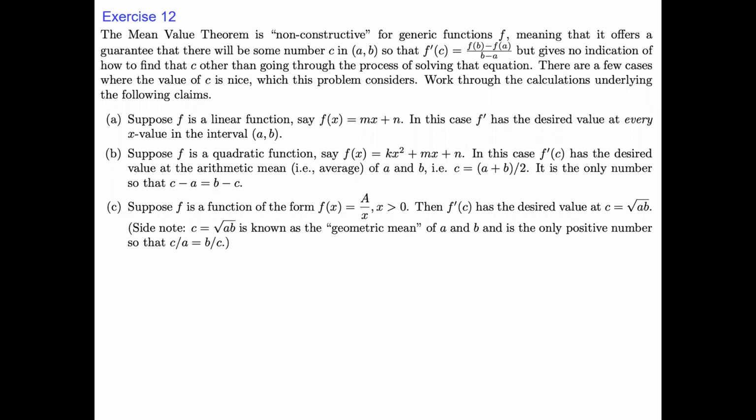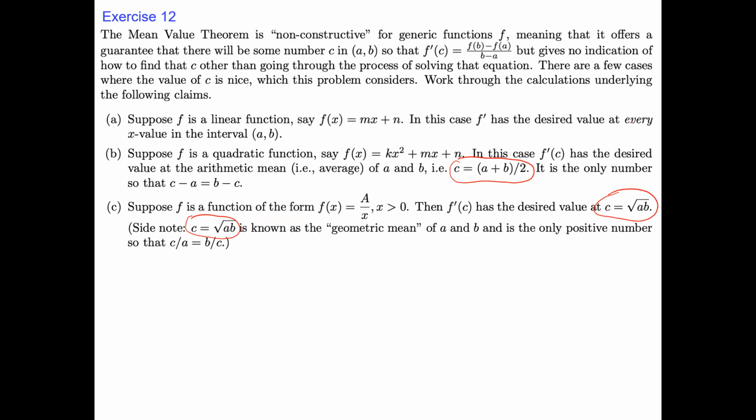What this question is telling us is that we have 3 different functions, a, b, and c, and we are given, I'm assuming, the value c. Actually, we're given it because it's telling us that f prime has the desired value at every number.